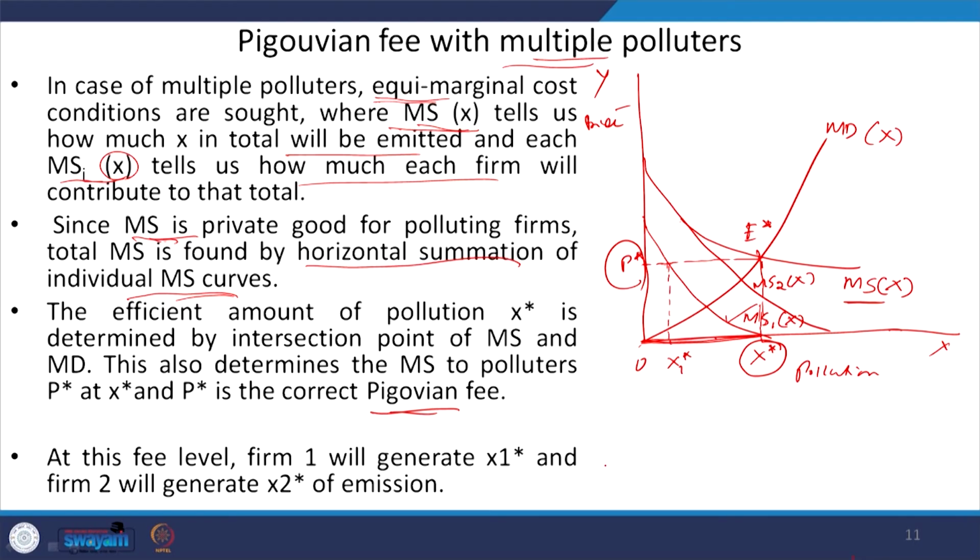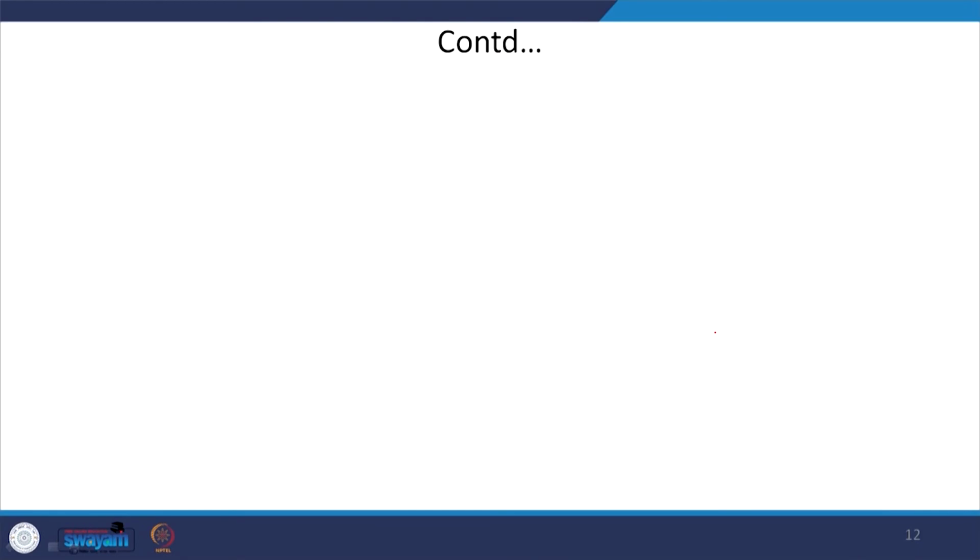So, the first farm will be generating OX1 star, this much of pollution. Likewise, for farm 2, how much will it generate? This P star is intersecting the marginal saving function of the second farm at this point, and corresponding to it we are finding this, let us say this point is x2 star, right. So, now farm 2 will be generating this OX2 star, this amount of emissions. Okay.